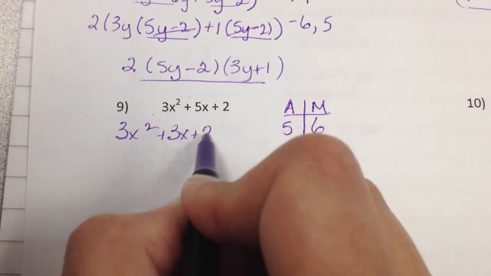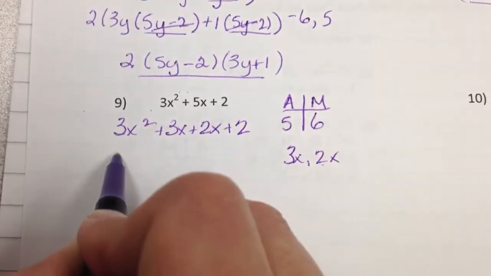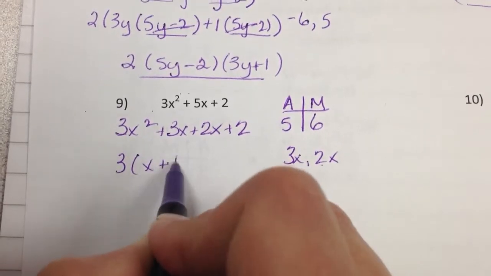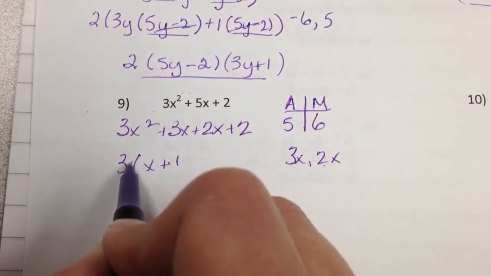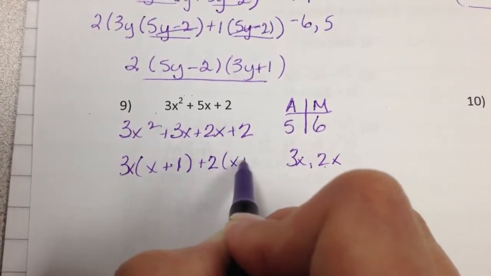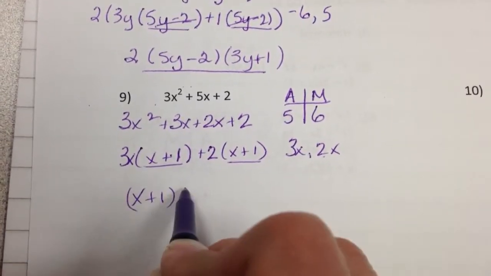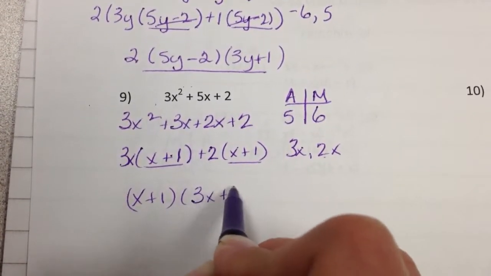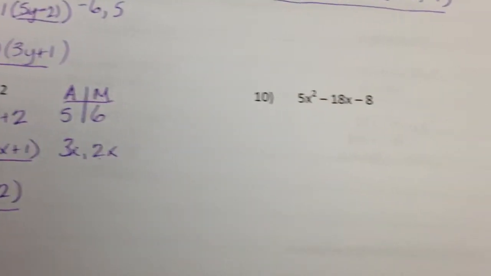So I'm going to substitute in there for the 5x, and then take out what's common. And there's the 2, x plus 1. I now have an x plus 1 common. And we're done factoring there.